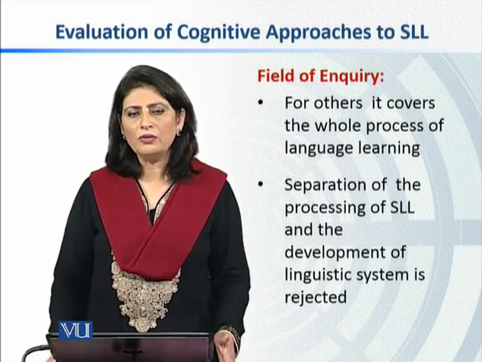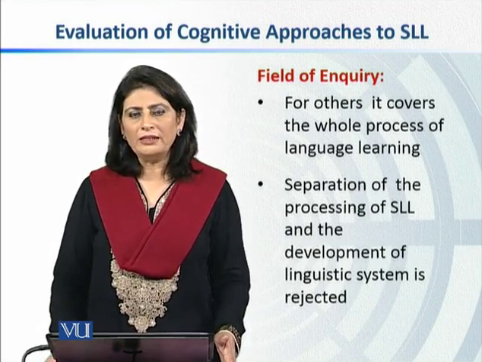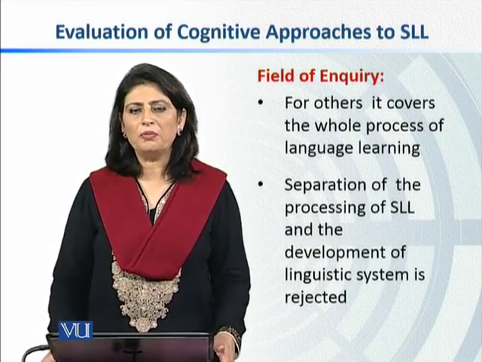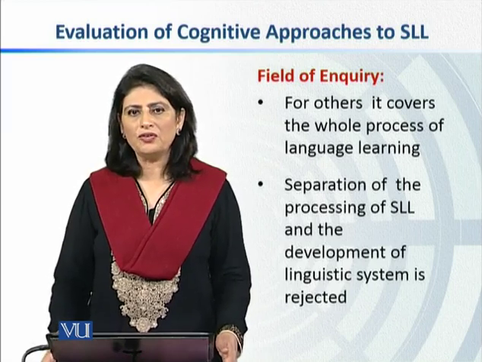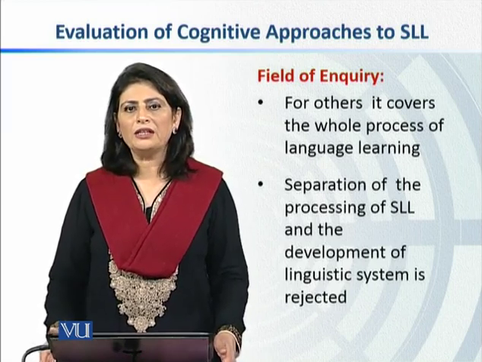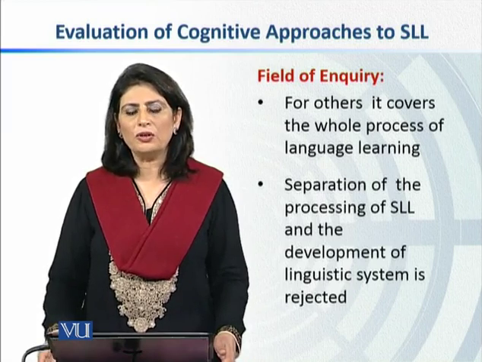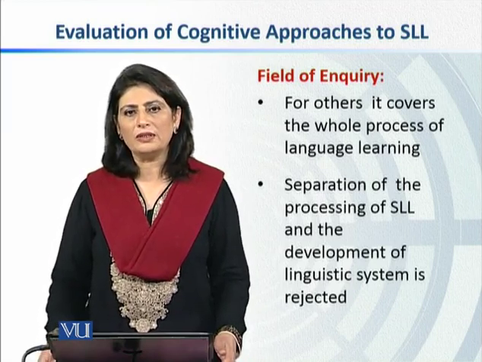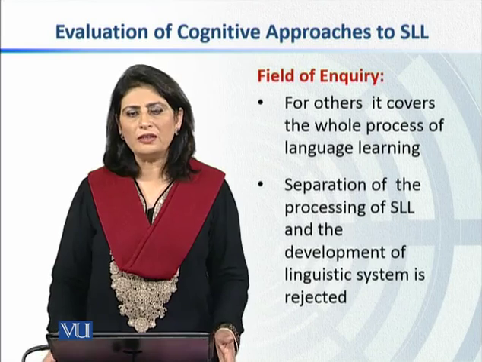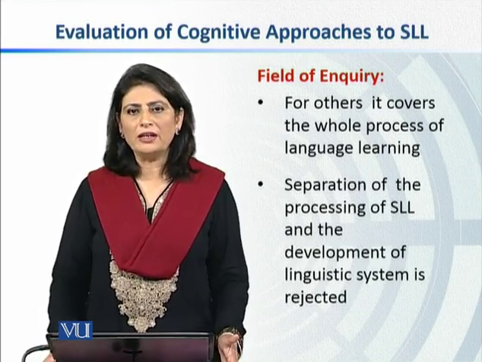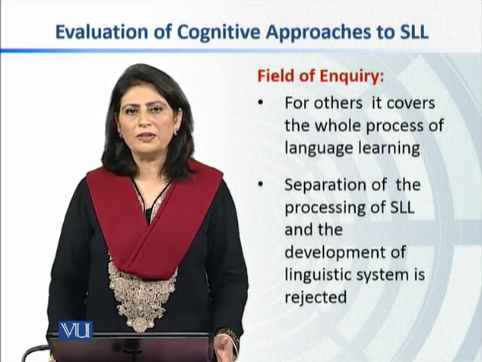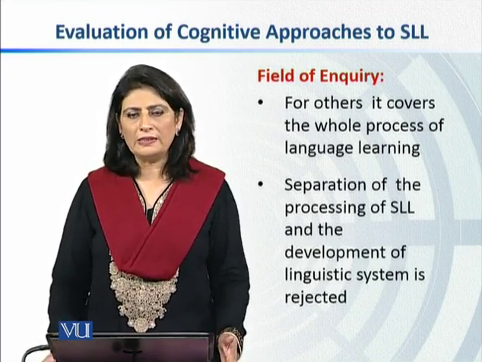So they also believe that this division between a property theory, which looks at what is the structure of a language, and the transition theory, which looks at how a language is learned, they reject this division altogether and they try to understand the language learning process more holistically.